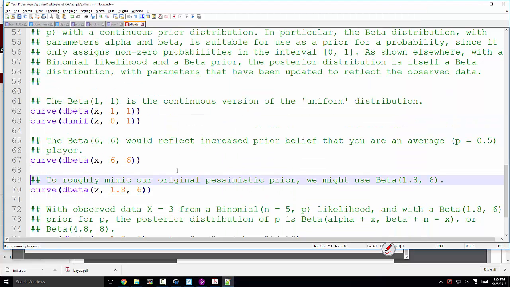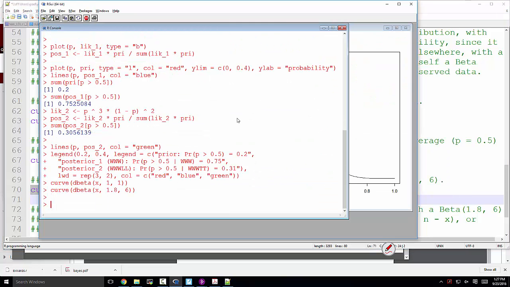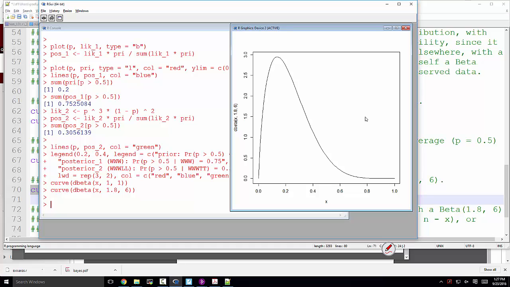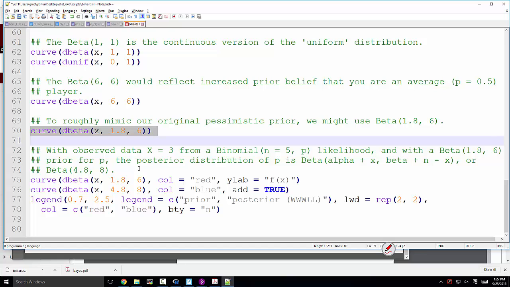Here's another beta. If you change the parameters of a beta, you get differently shaped distributions. If you put in 1.8 and 6 as the parameters to a beta, for example, this looks a lot like that pessimistic prior that we started with. So we could replace that coarse analysis at the beginning with a proper continuous prior distribution, in which case you can redo everything we did above.